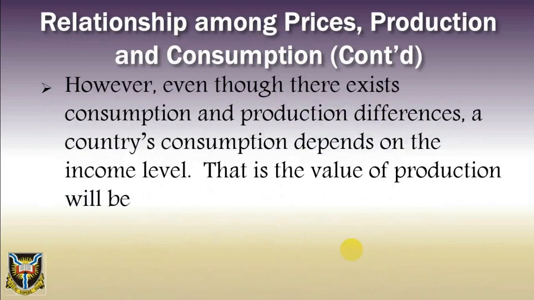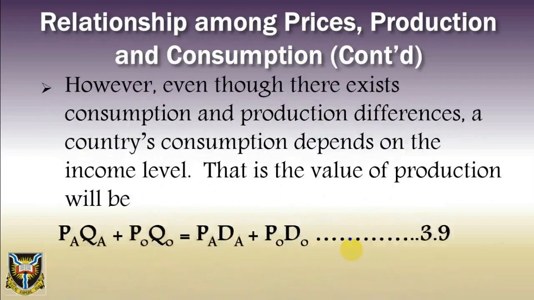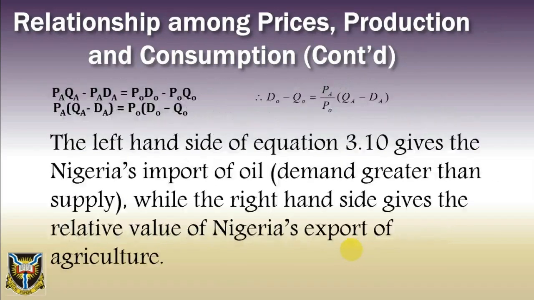That is, the value of production will be PA times QA plus PO times QO equals PA times DA plus PO times DO. PA times QA minus PA times DA equals PO times DO minus PO times QO.